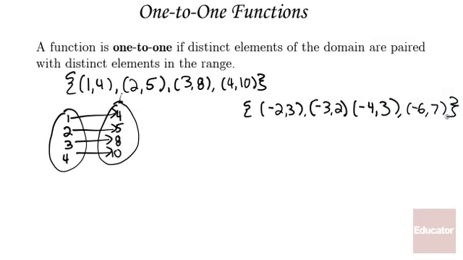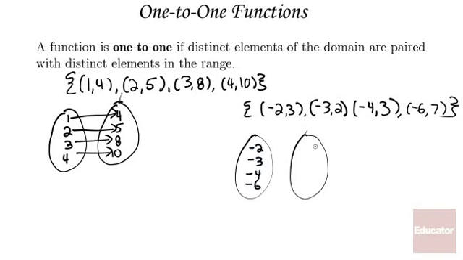Okay. Here I have -2, -3, -4, and -6. Over here in the range I have 3, 2. I'm not going to repeat the 3. I already have that. And then 7.